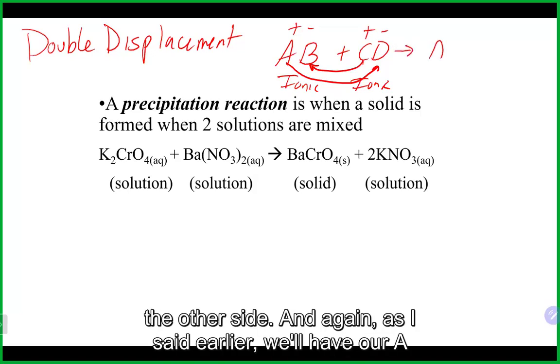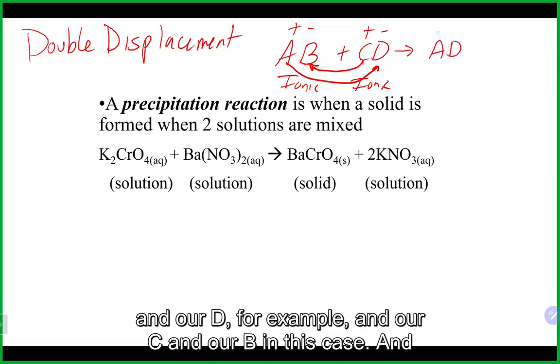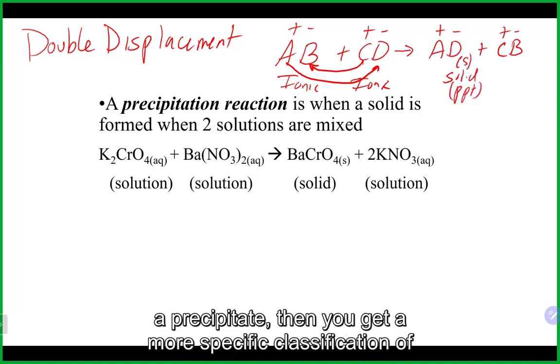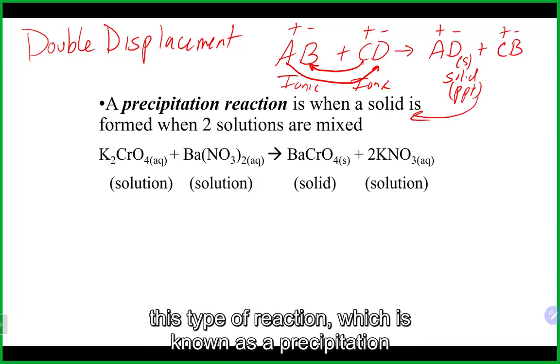And again, as I said earlier, we'll have our A and our D, for example, and our C and our B in this case. And again, if one of these guys makes a solid, which is known as a precipitate, then you get a more specific classification of this type of reaction, which is known as a precipitation reaction.